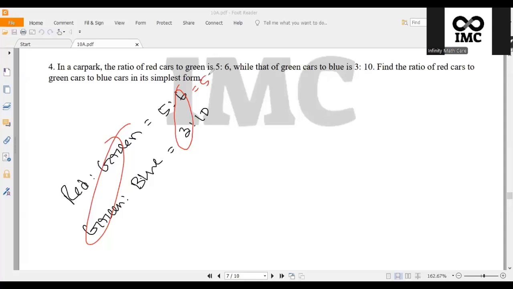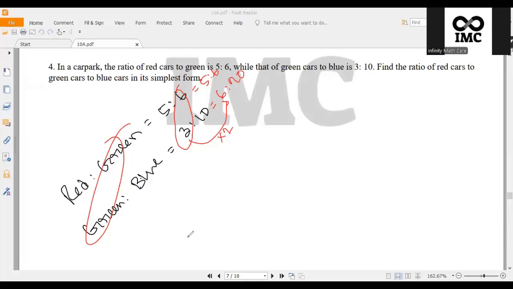So, 5 is to 6. This is similar. Now we need to convert this 3 to 6 to make the same ratio. So 3 2s are 6. So look, the quantity is the same right now. If you multiply this 3 by 2, we need to multiply 10 by 2 also. So 10 2s are 20.